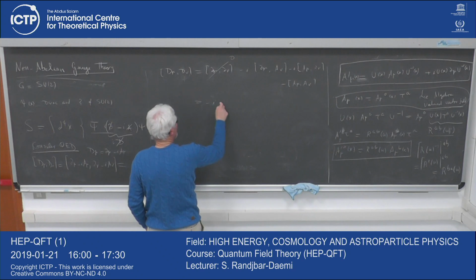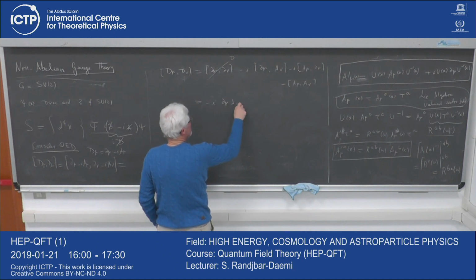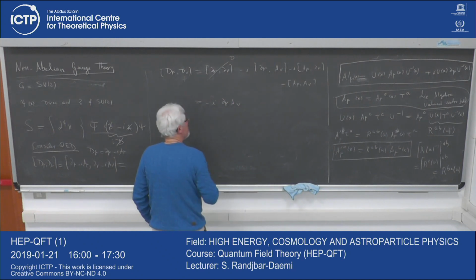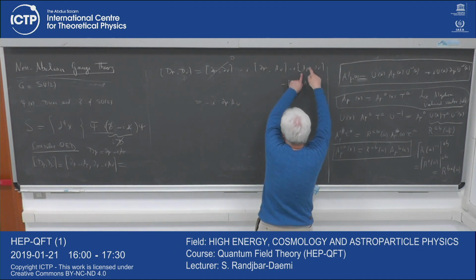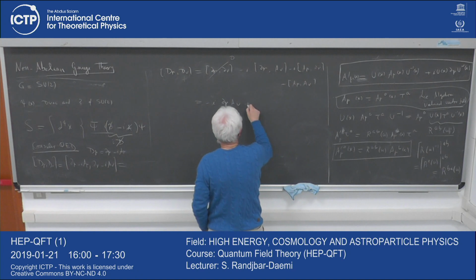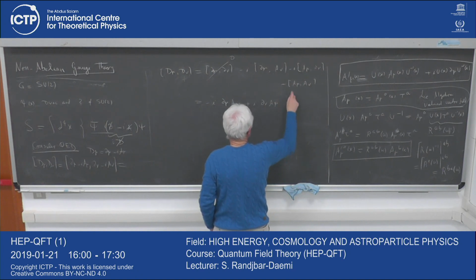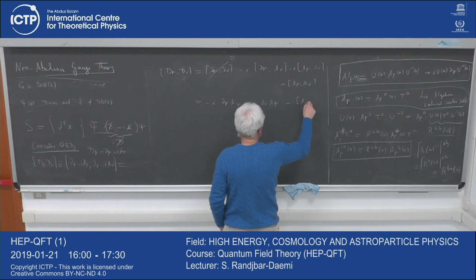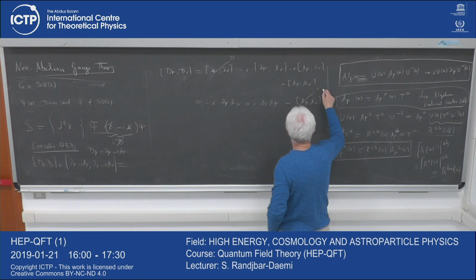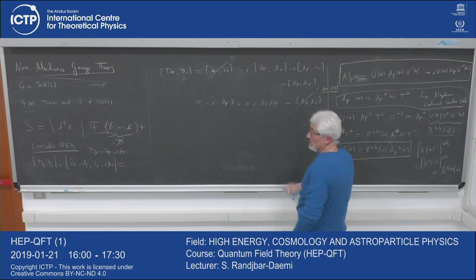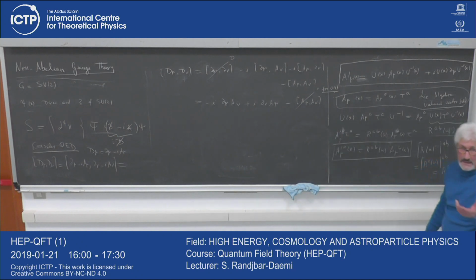So the first term will give you minus i d_mu A_nu. The second term, you can put this first and change the sign, so it will give you plus i d_nu A_mu, and this last term for U(1) will be 0. It's 0 for U(1) because A is just a single function and two functions always commute with each other.